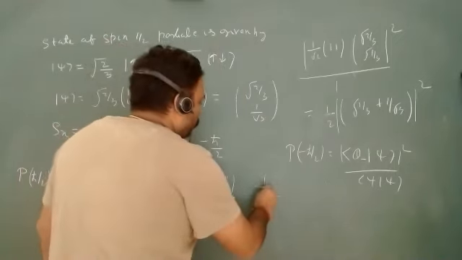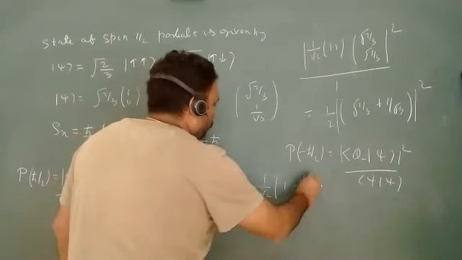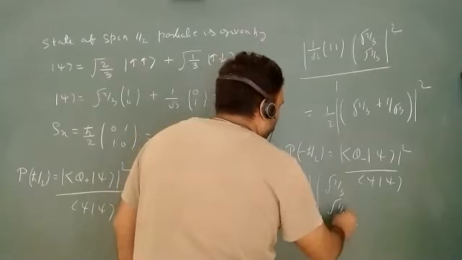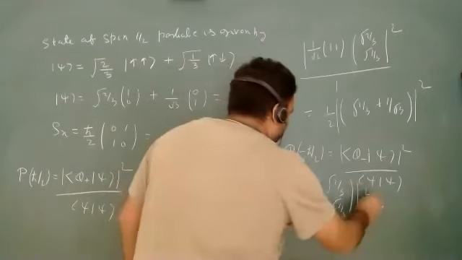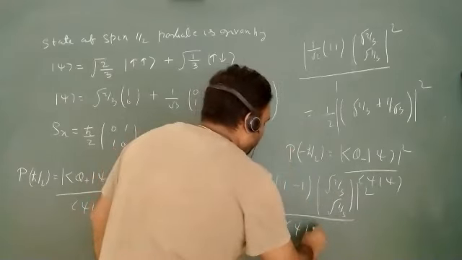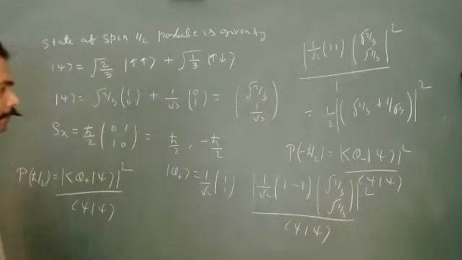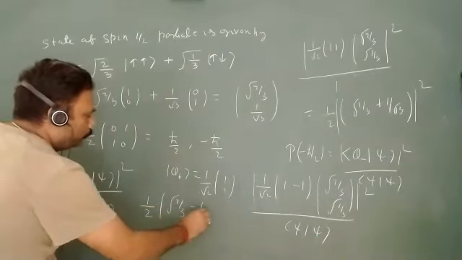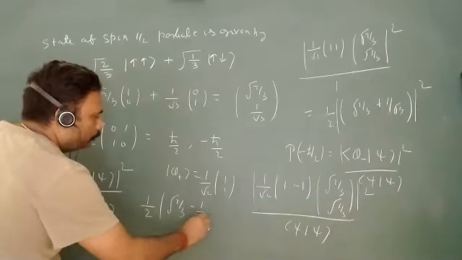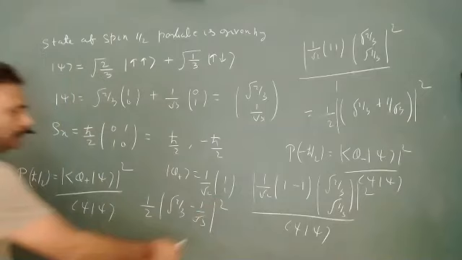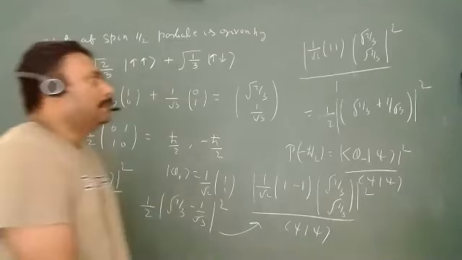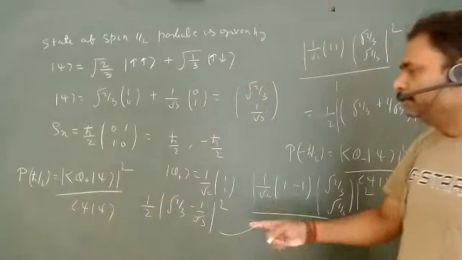What will be φ minus? 1/√2 (1 −1), and you have (√(2/3) √(1/3)), and what you will get? You will get exactly the same value, isn't it? Same value. Remember, we have calculated it. You can just check it.